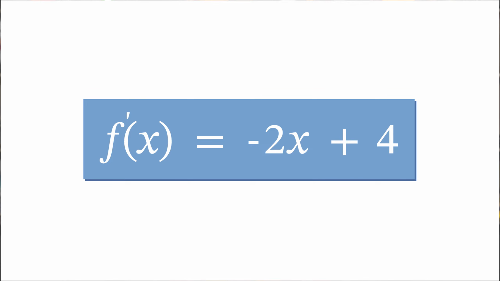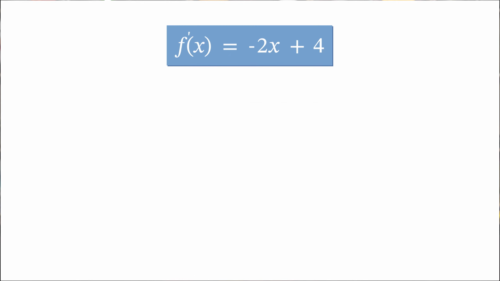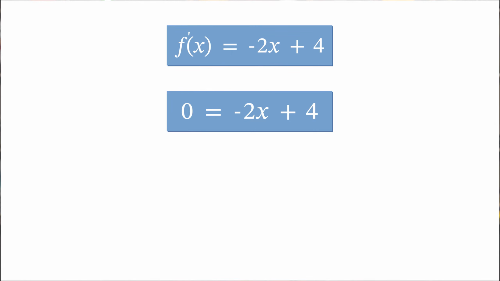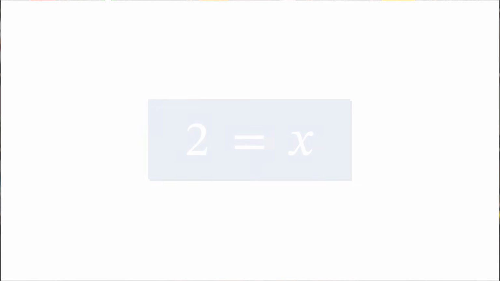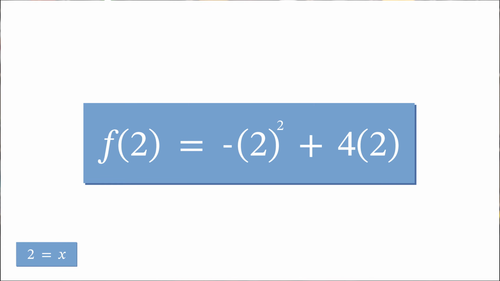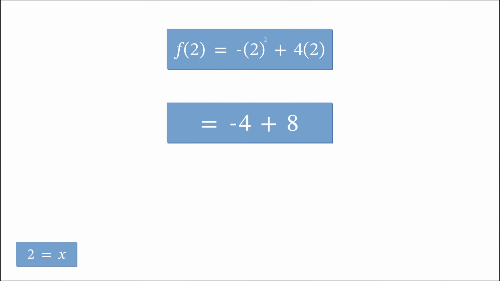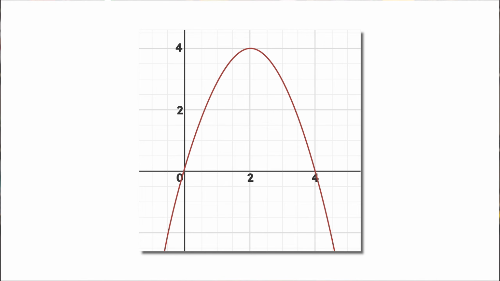Since there is no point that would make this undefined, we set f prime equal to 0 and solve for x. So the maximum for f of x occurs at x equals 2. We can then evaluate f of 2 to find the height. So this function has a critical point at the point (2, 4).